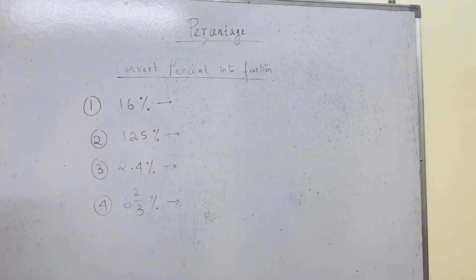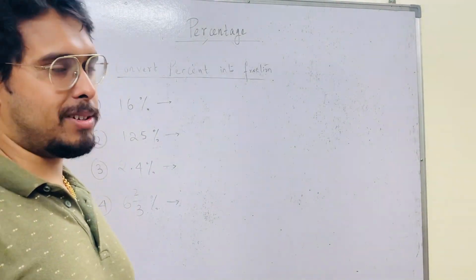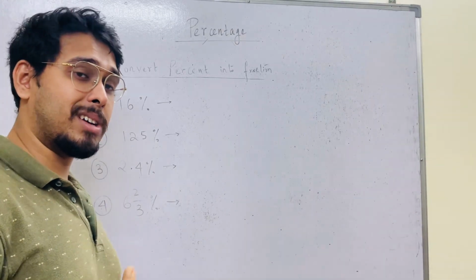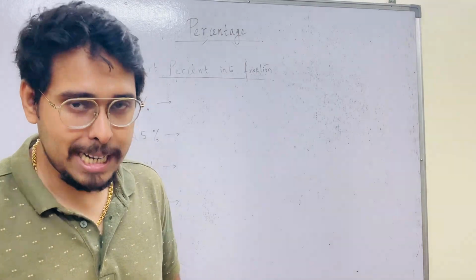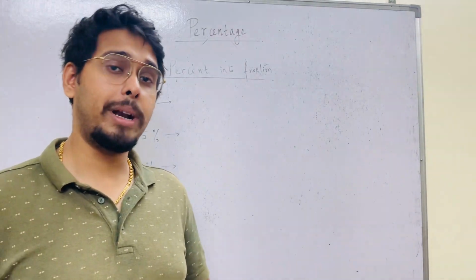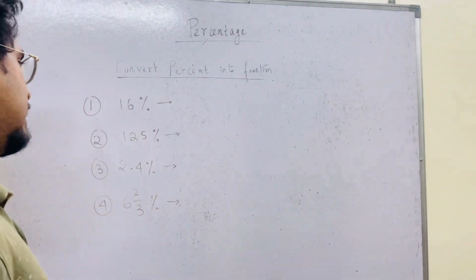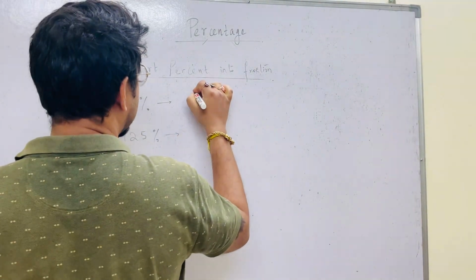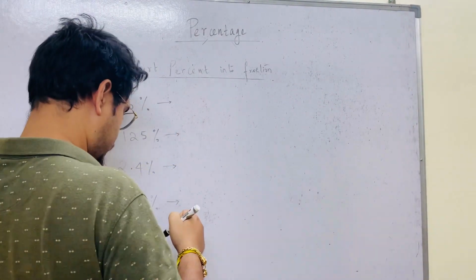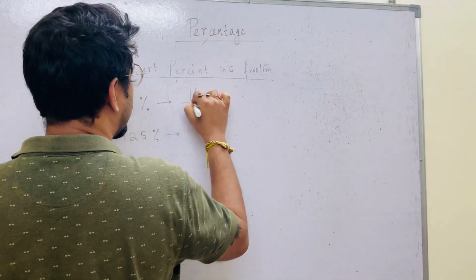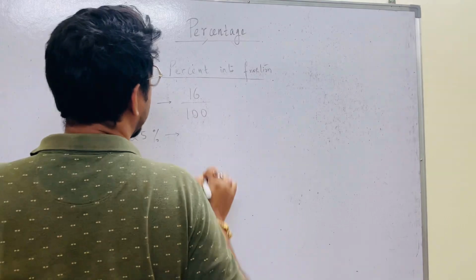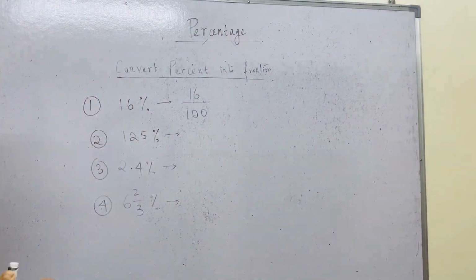So how do we convert each percent into fraction? A few minutes ago I told you that percent means out of 100. When we say 80%, it means 80 out of 100. So obviously 16% means 16 out of 100. This is the fraction form.